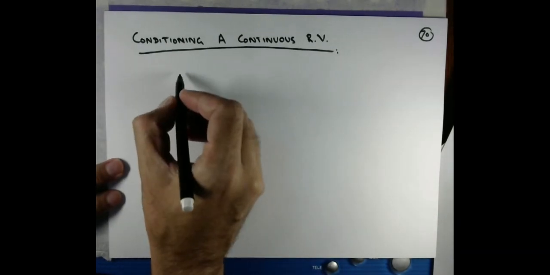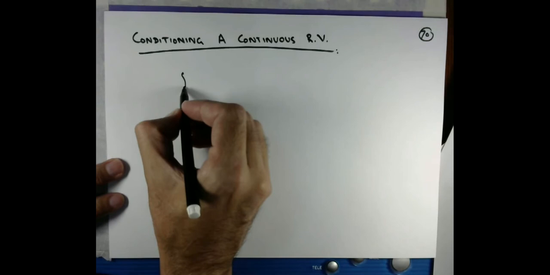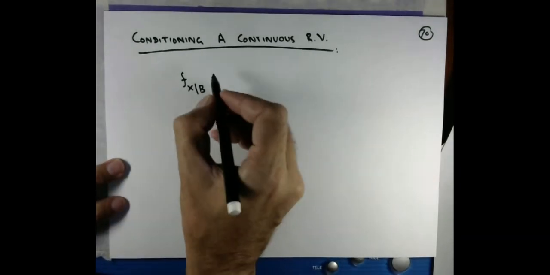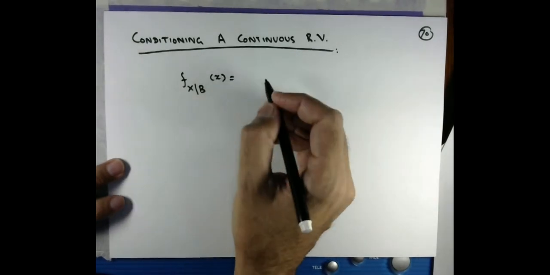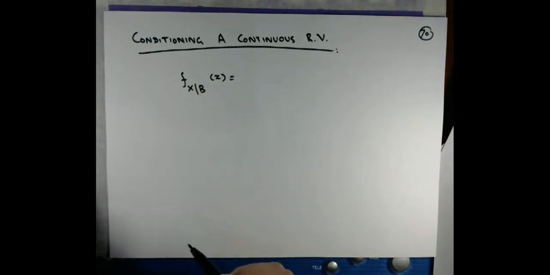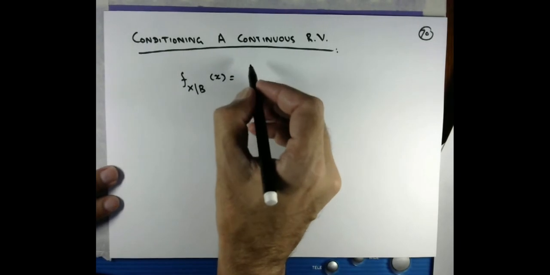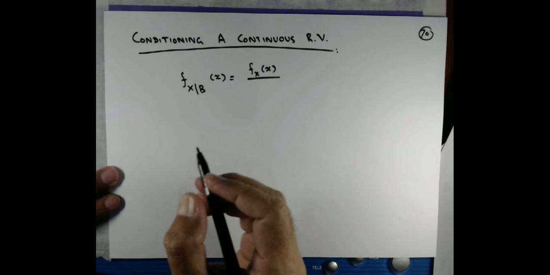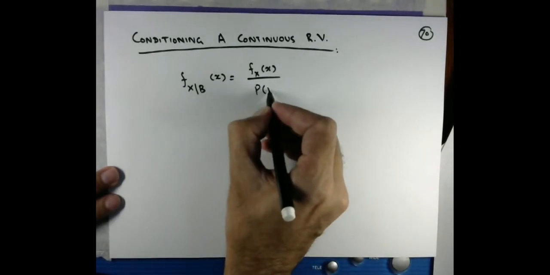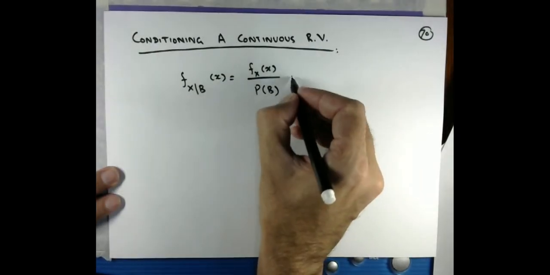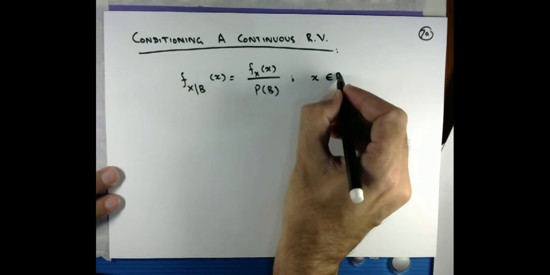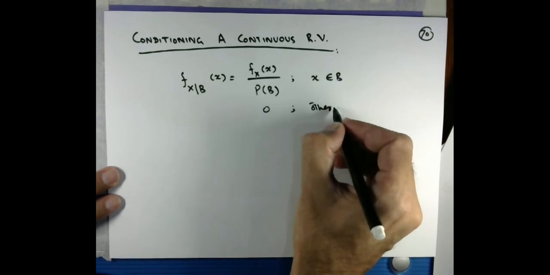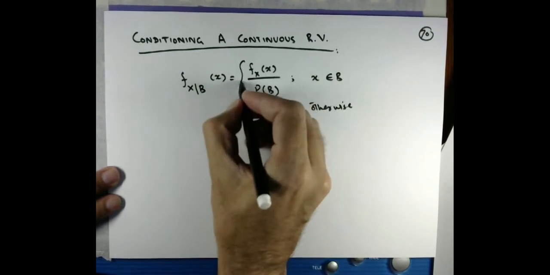Conditioning a continuous random variable basically means the distribution of x given some event B has occurred, and that should be equal to the original PDF of x, which is f sub x of x, divided by the probability of the conditioning event, for all x inside B, and it's equal to 0 otherwise.